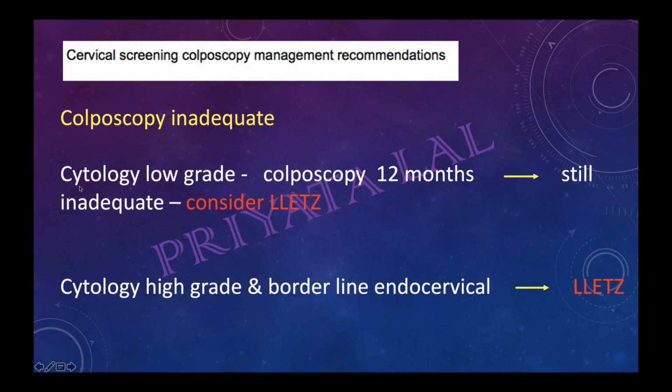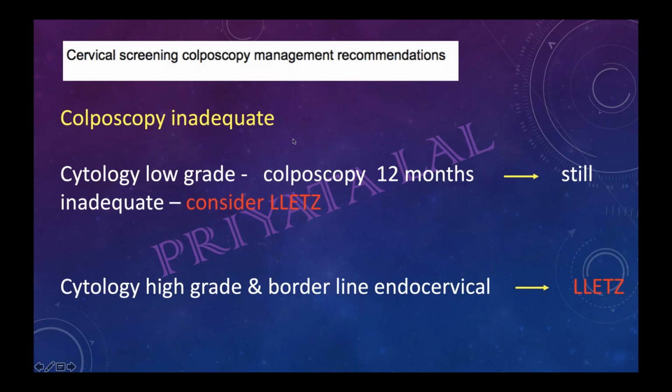If I find cytology had been low grade, then I'm not too worried about this patient. For low grade, I can say, go back and come back to this colposcopy clinic after 12 months. I will do it again, and if the second time also I am not able to do it properly, then I may consider removing the transformation zone.